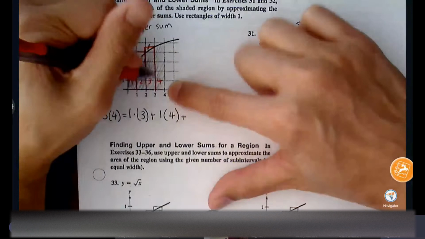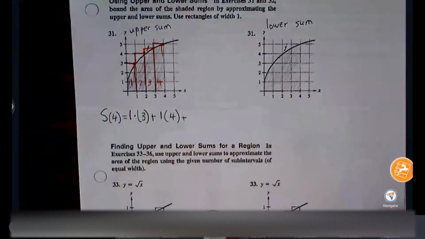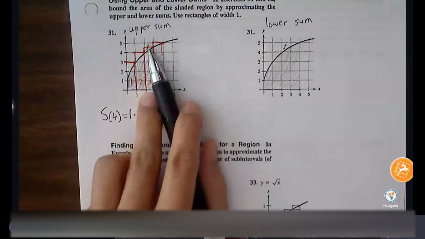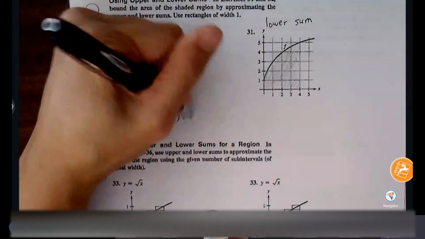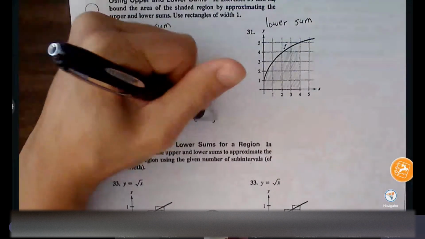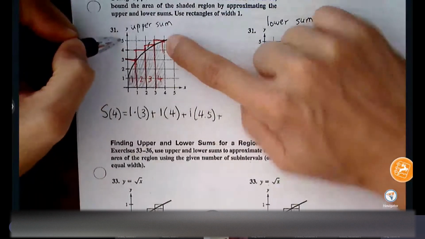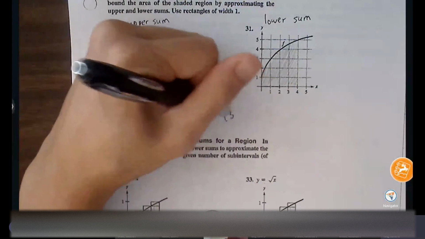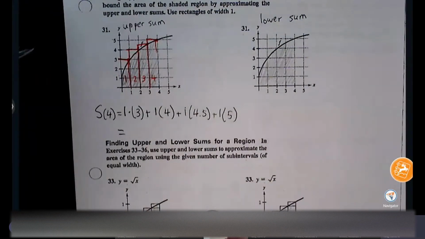And then finally, between f of 3 and f of 4, f of 4 is higher. This height looks like it's around 4.5, so we make our best guess there. And then f of 4 looks like it lands right at 5. Okay, we total those up, and we'll get 16.5.